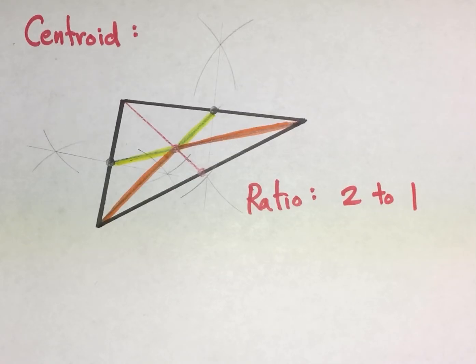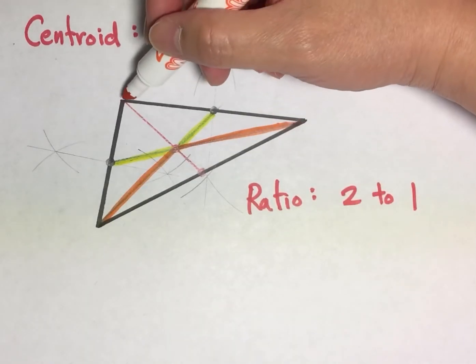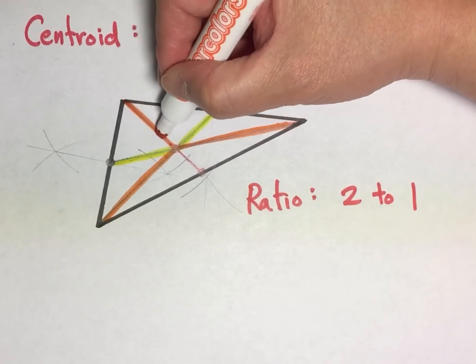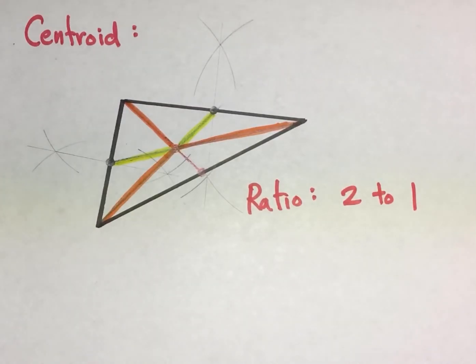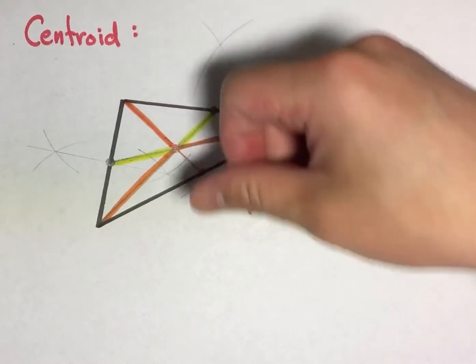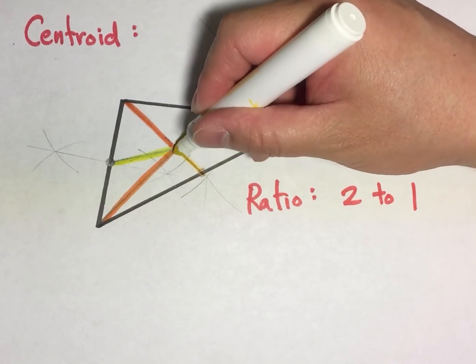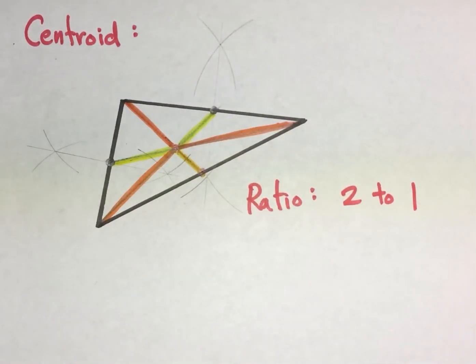We could also do it on that last one as well. On the longest side, from the angle to the centroid, that is 2/3 of that median, the red one. And on the other side, from the midpoint to that centroid, is going to be 1/3 of that median.